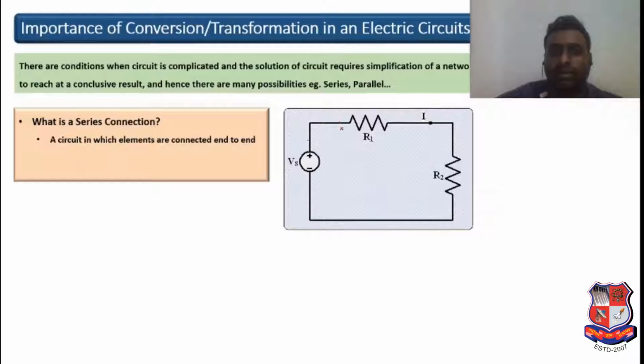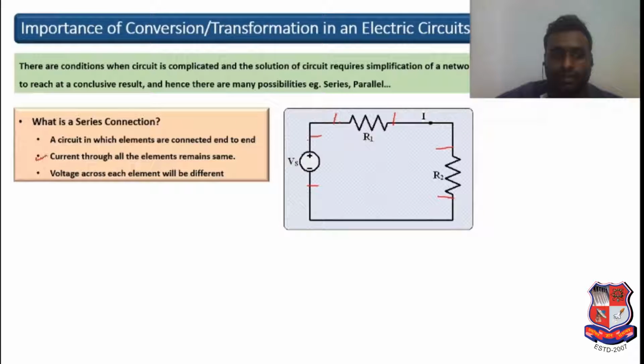The two important features are that the current remains the same in all the elements and the voltage across each element will be different. That is obvious because the current flowing causes a drop that reduces the voltage, so the voltage will be different across each element.